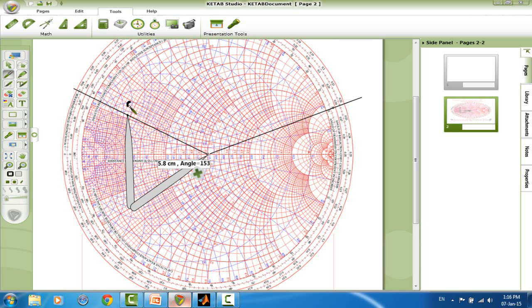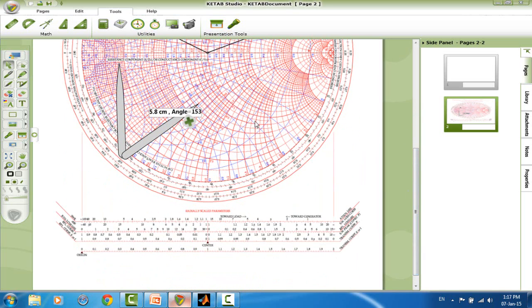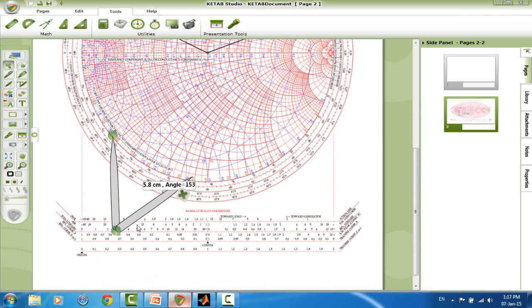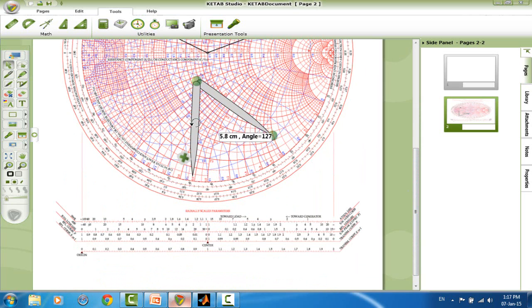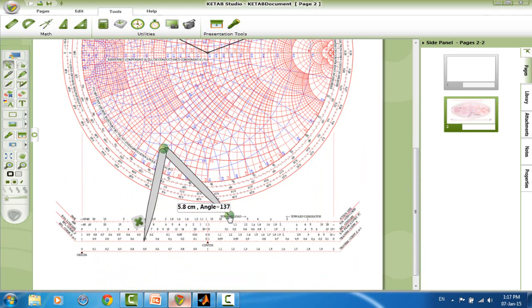This equals S11, which is the maximum source gain. Okay. Now let's draw S22 magnitude, which equals 0.51. This is almost here.